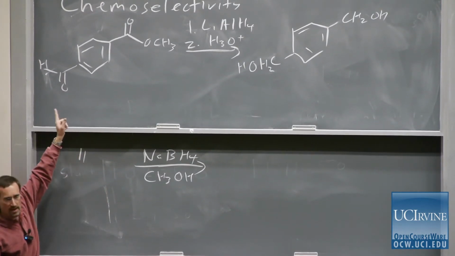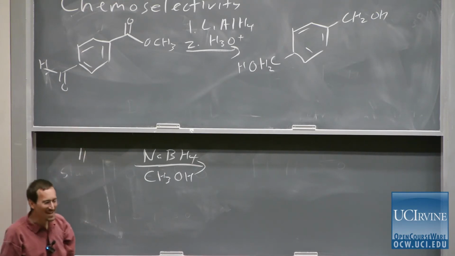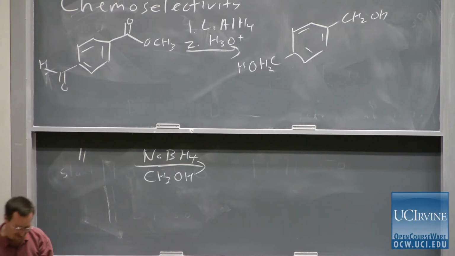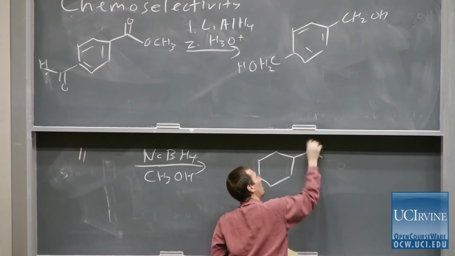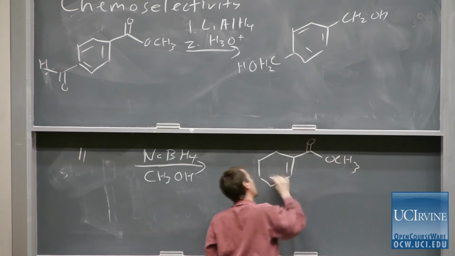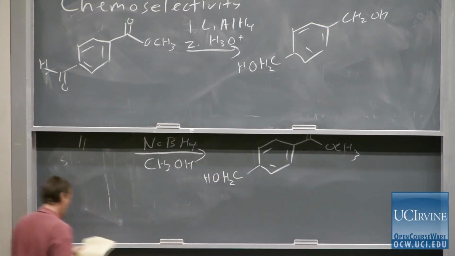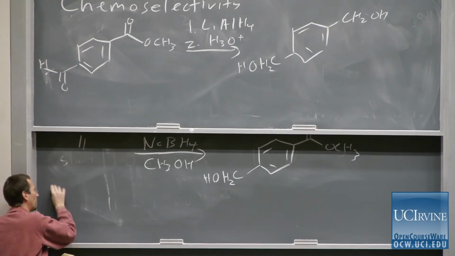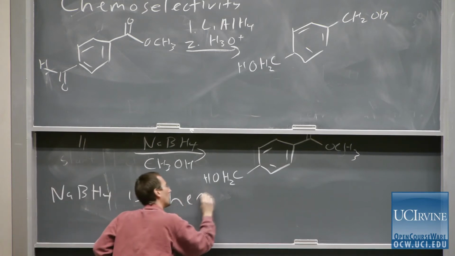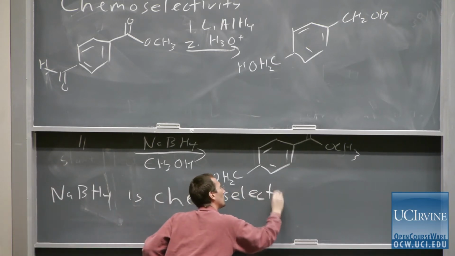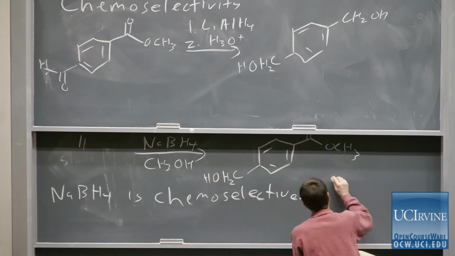If we carry out the reaction of this ester aldehyde with sodium borohydride, then we will selectively reduce the aldehyde group without reducing the ester group. We say that sodium borohydride is chemoselective. It reduces aldehydes, and I might add ketones, but not esters.